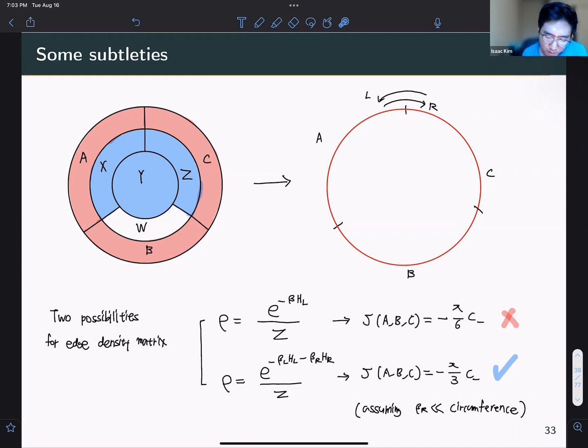If you do the calculation for the case in which you only have the left moving mode, you get pi/6 c_minus. But if you have the right moving mode, even if the right moving mode is at infinite temperature, that still has a contribution, which sounds very weird because if you have some lattice system, this can never happen. But in CFT, apparently this is what it does. Only in that case, you get this pi/3 contribution, which is actually the correct one.